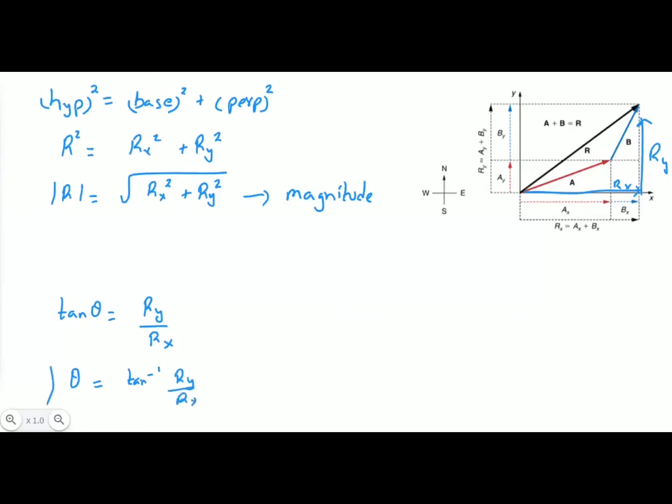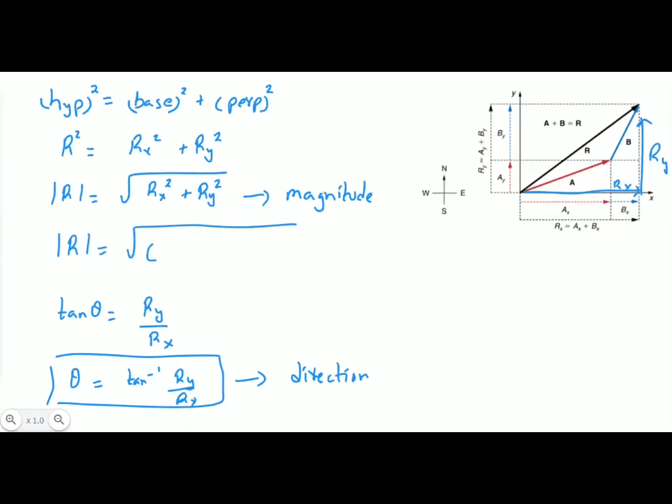So this equation could be used to find out the direction of the resultant vector R. And since we know that the resultants RX and RY are equal to AX plus BX and AY plus BY respectively, we can also write the above equation of the magnitude as the square root of (AX plus BX) square plus (AY plus BY) square.